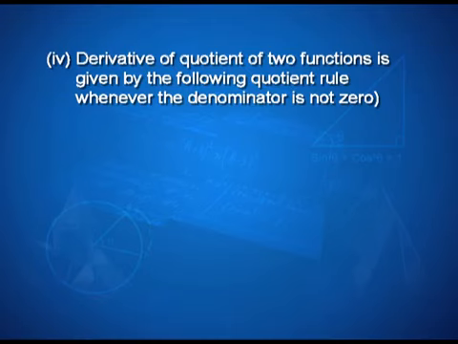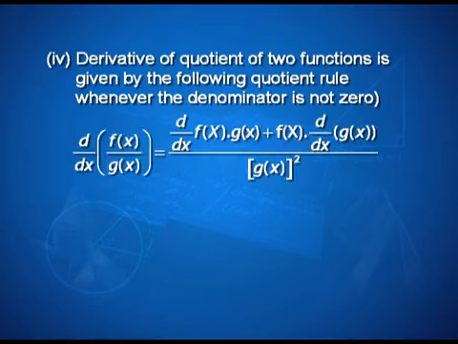Derivative of quotient of two functions is given by the following quotient rule: wherever the denominator is not 0, d by dx of f of x upon g of x is equal to d by dx of f of x into g of x plus f of x into d by dx of g of x divided by g of x whole square.